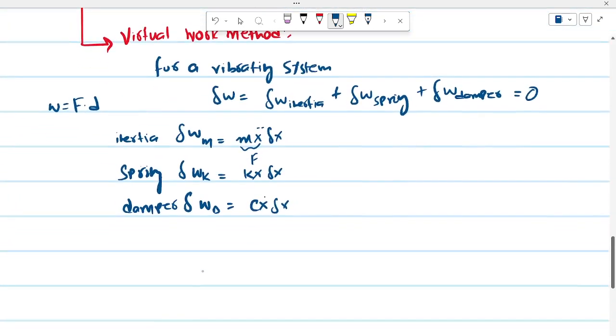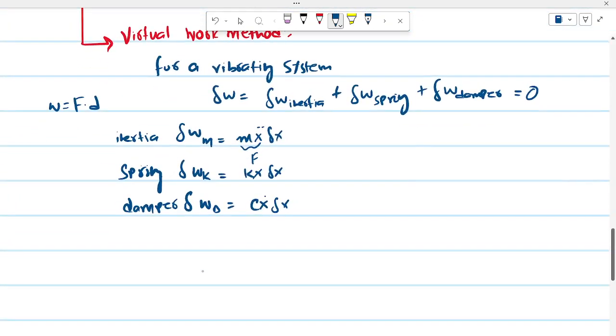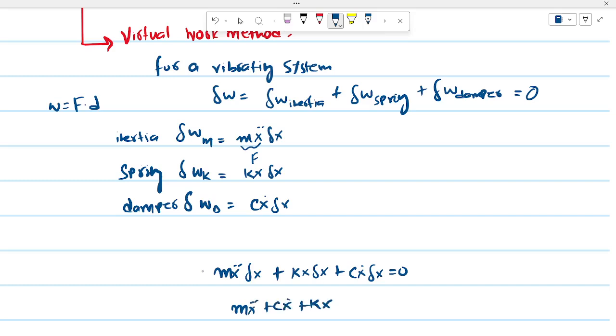Now you can substitute all of this into the equation of motion, so it becomes m x double dot into displacement plus spring force k x into the displacement plus c x dot into the displacement equal to 0. Since displacement is common, just take it out as a common factor. So m x double dot plus c x dot plus k x, into displacement, equal to 0.